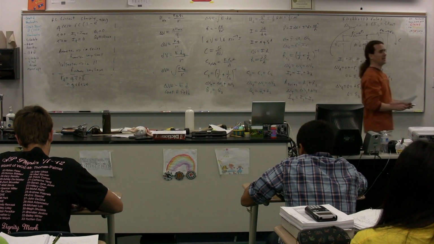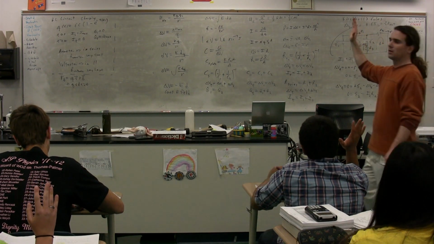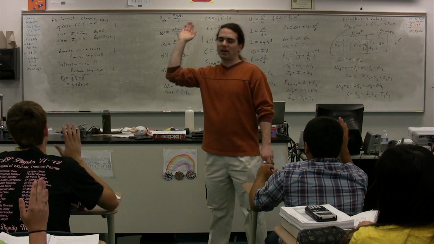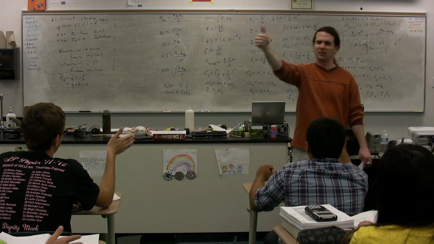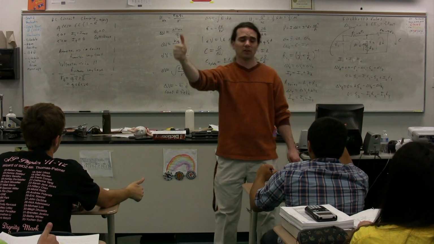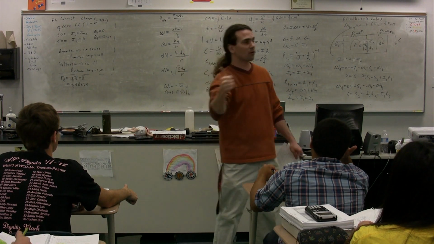Which brings us to the right-hand rule. Please hold up your right hand. Fingers point in the direction of v, curl the fingers in the direction of B, and the thumb points in the direction of the magnetic force for a positive charge.